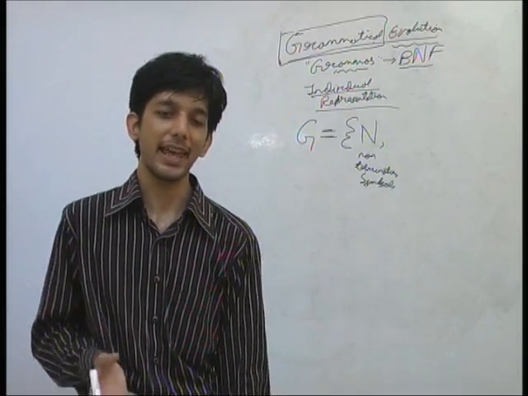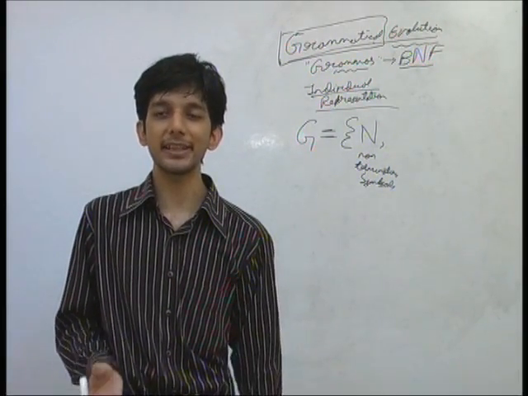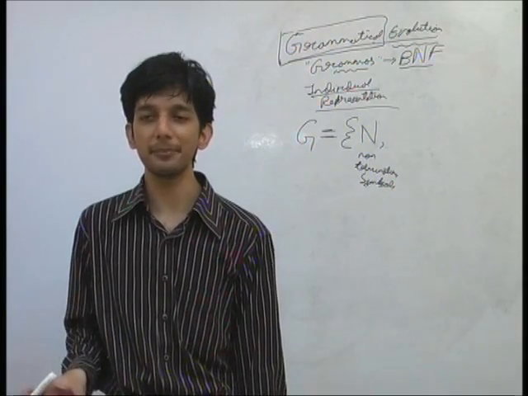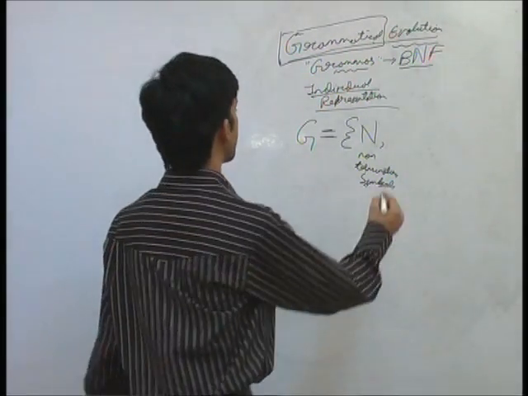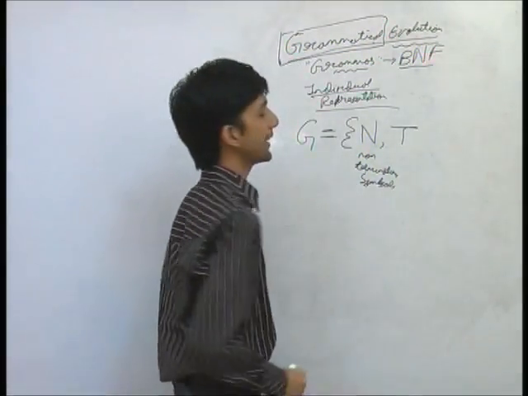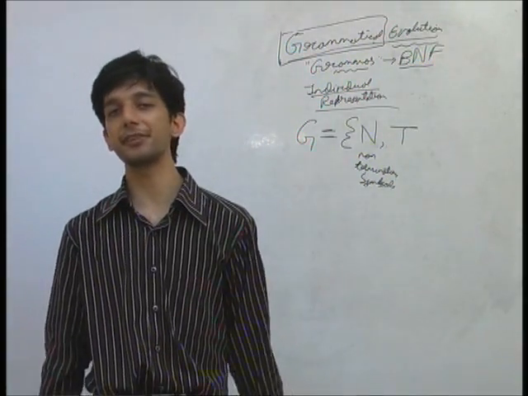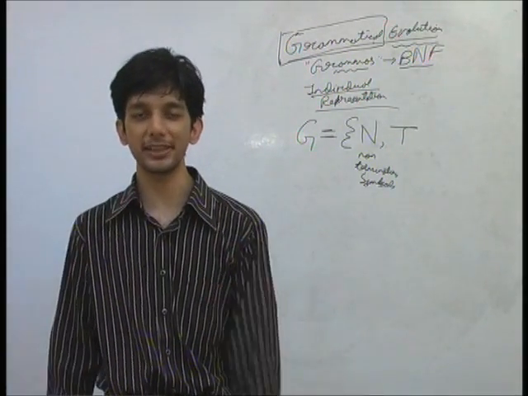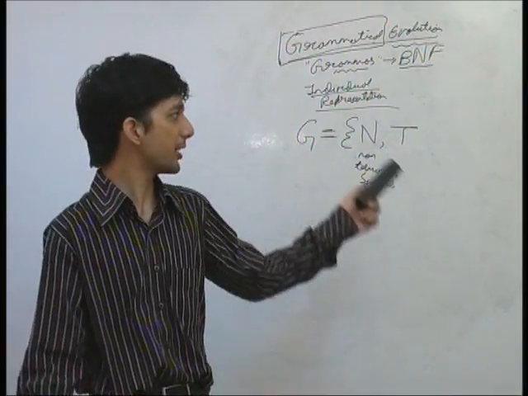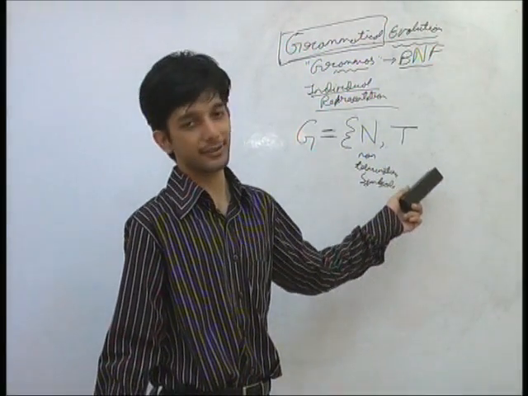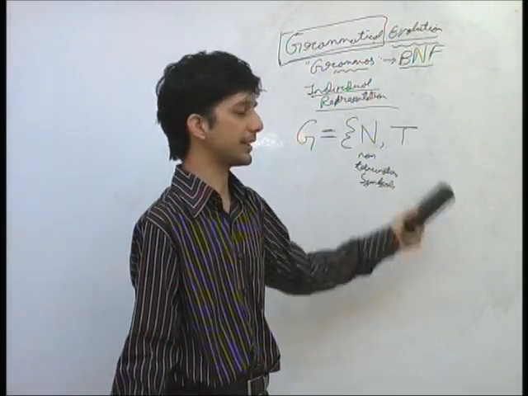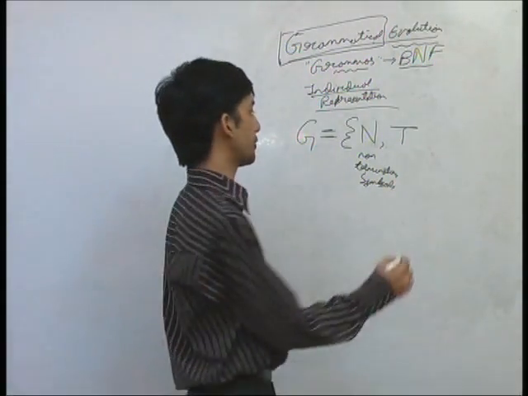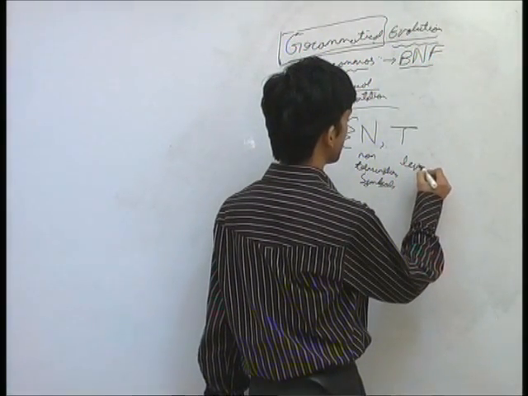Any symbol that is a part of the final program is known as a terminating symbol, and any symbol that is not a part of the final program is known as a non-terminating symbol, and non-terminating symbols are always changed to the terminating symbols. So there is a non-terminating symbol and there is a terminating symbol.